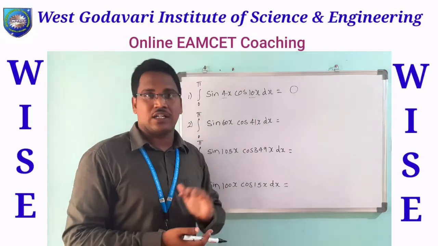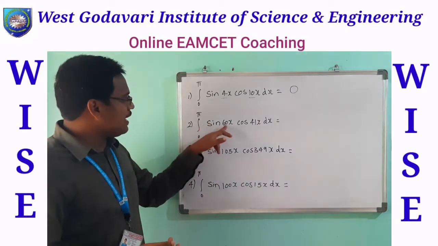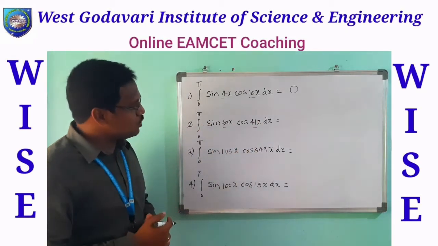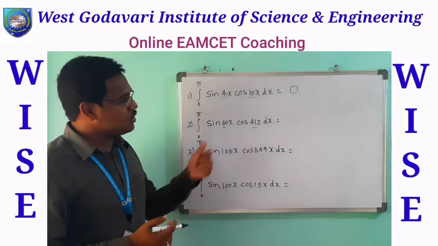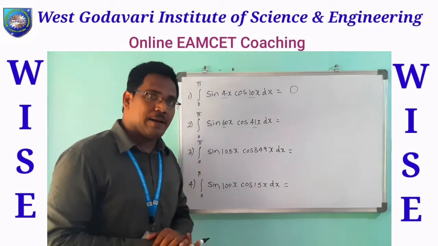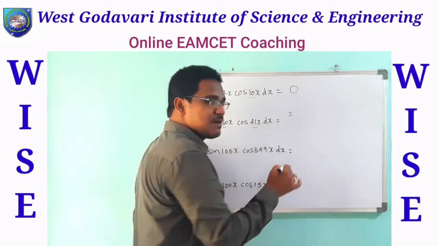Otherwise this shortcut trick is not applicable. Here the value of a is 60 and the value of b is 41. So 60 minus 41 is 19. 19 is an odd number, so the formula is 2a by a square minus b square.